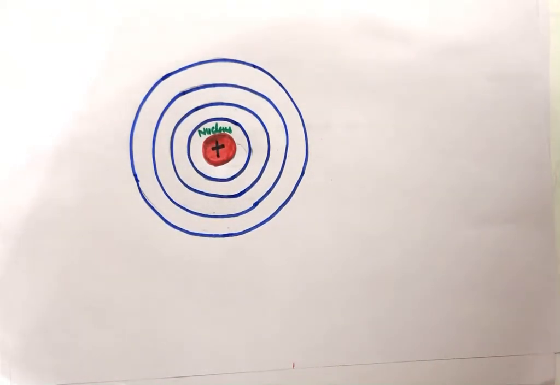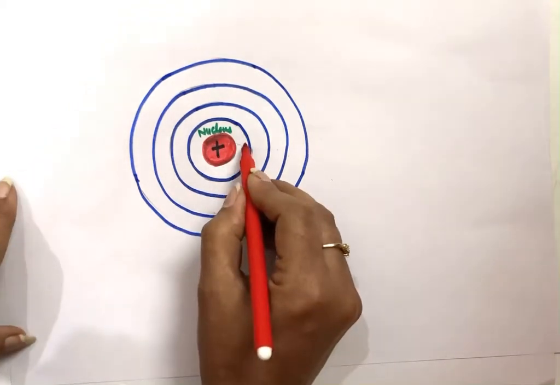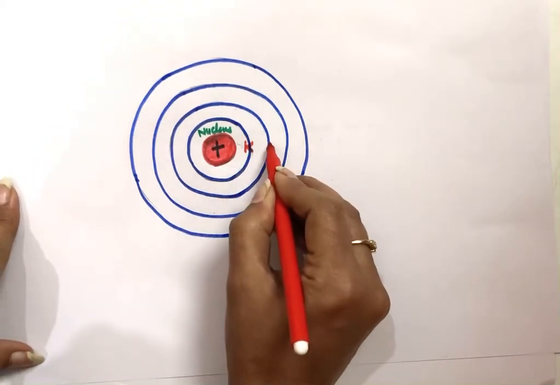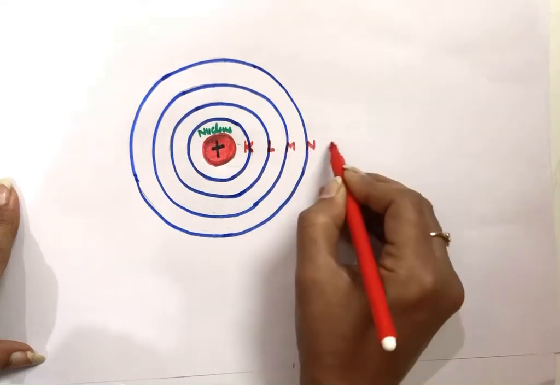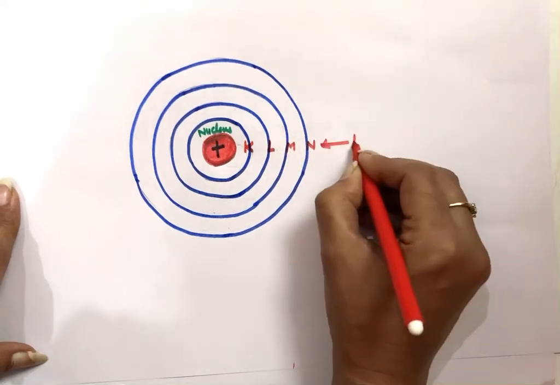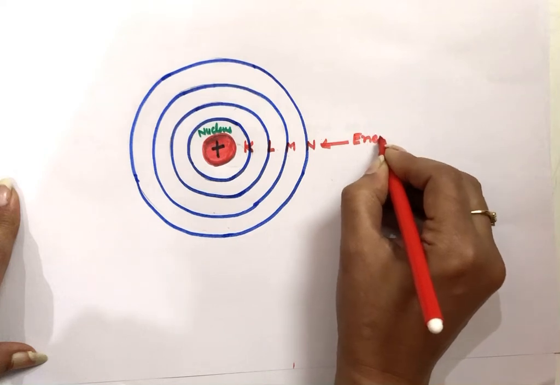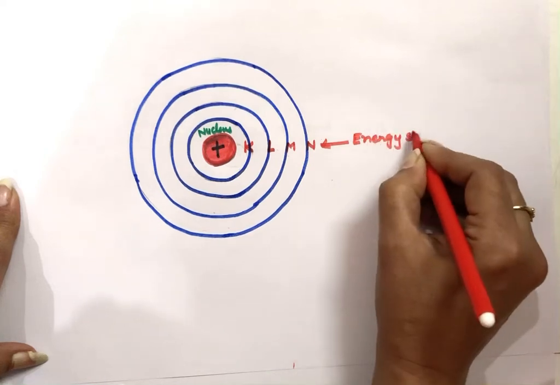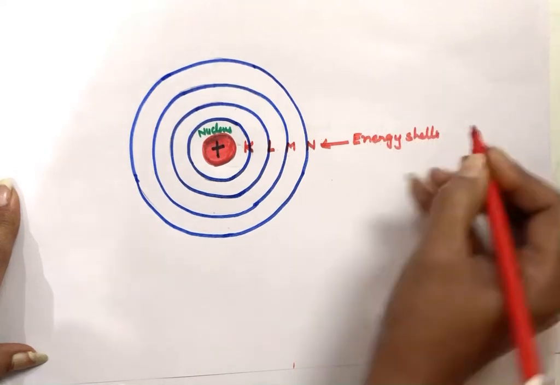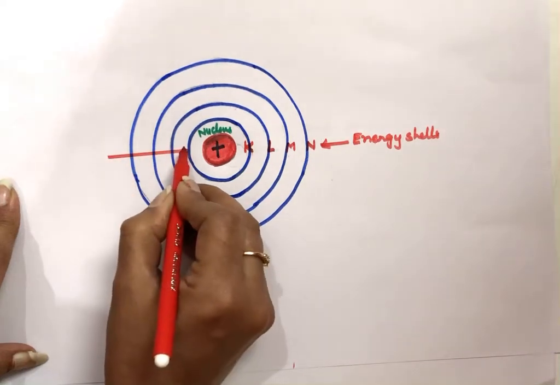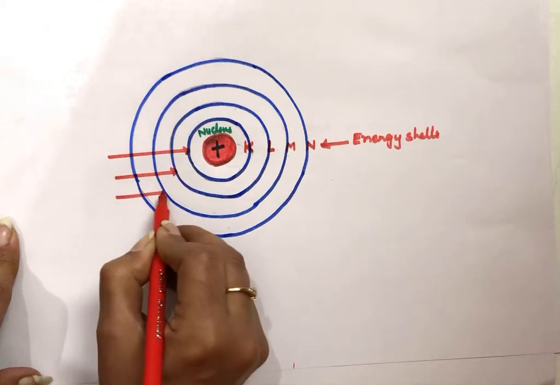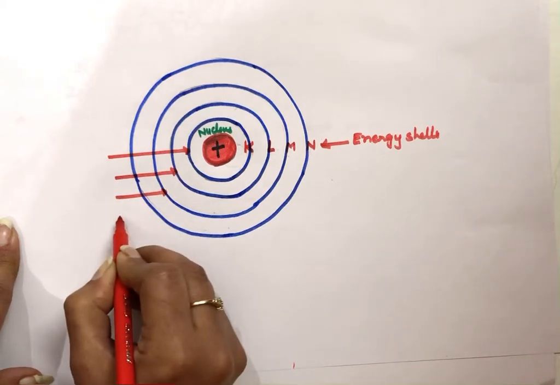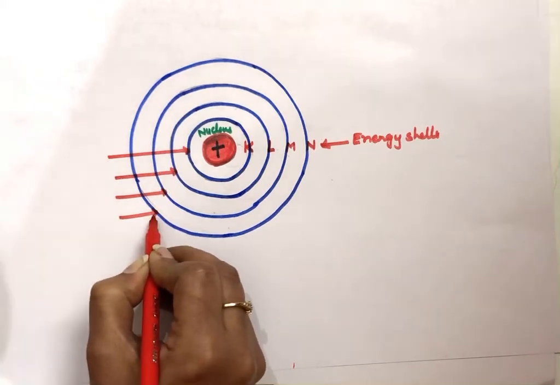Then around the nucleus, the first shell is the K shell. The second one is L, this is M, and this is the N shell. So all these are energy shells. This is the first energy level, this is the second energy level, this is the third energy level, and this one is the fourth energy level.